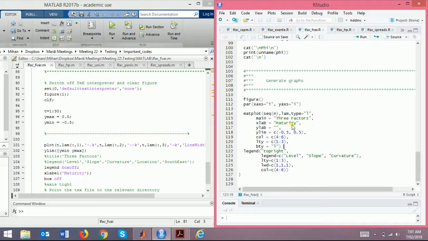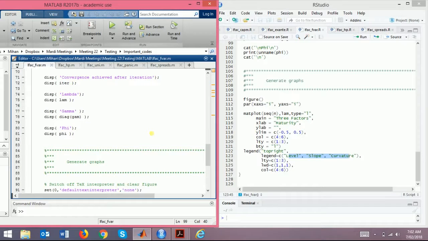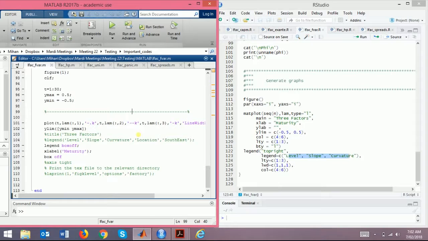what we're going to put against what. I mean, over time we're just going to graph lambda, okay, for level, slope, and curvature. So as we just put lambda in, we'll capture the level, slope, and curvature.